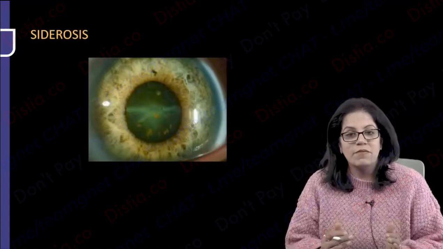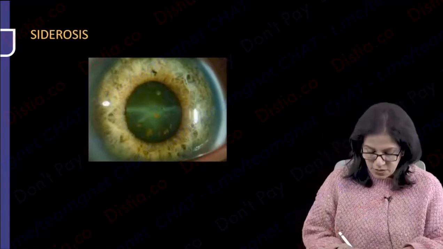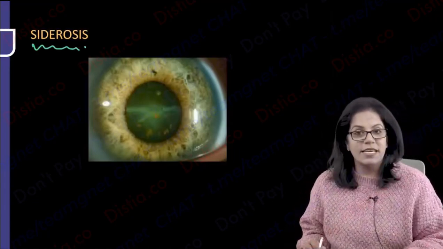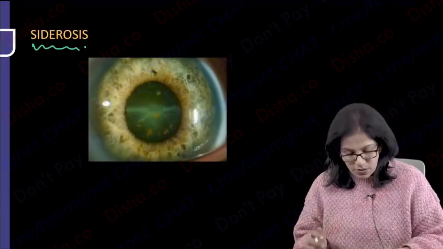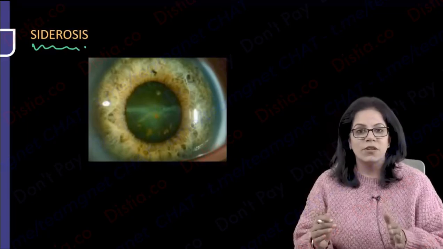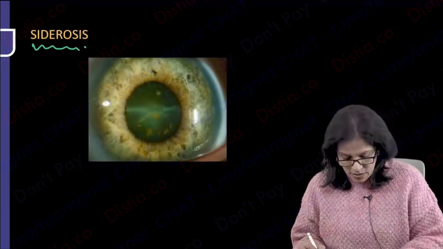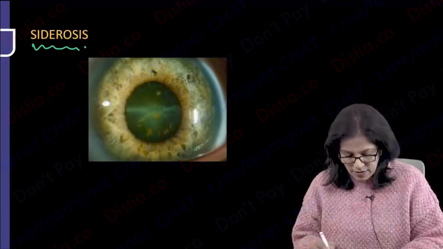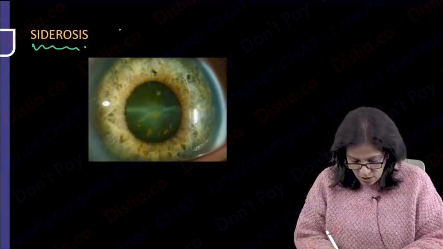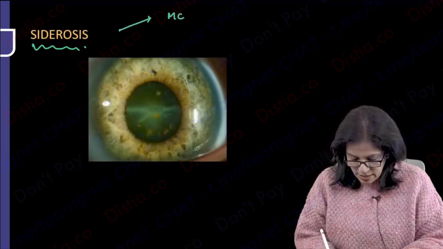Another very important topic we need to discuss in detail is siderosis. Few questions here, we will discuss that. So, what is siderosis? It is intraocular iron, isn't it? When you say intraocular iron, what is the most common cause? As we just learnt, it is generally chisel and hammer injury.